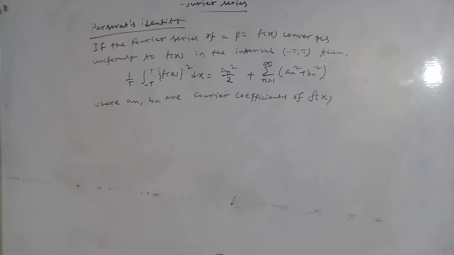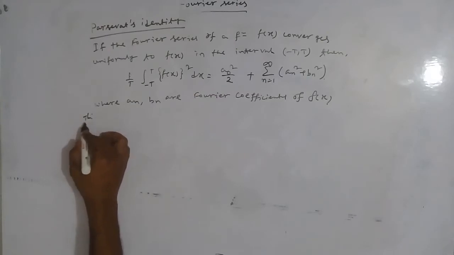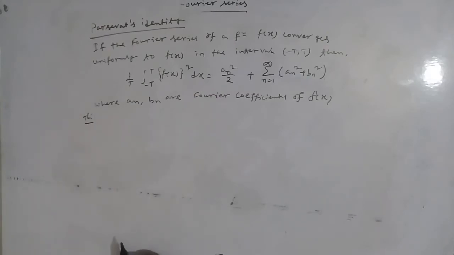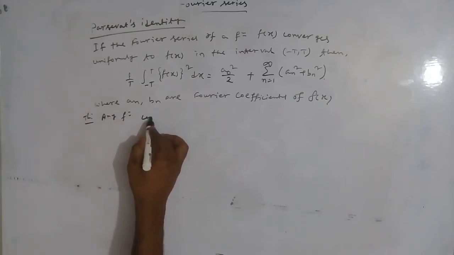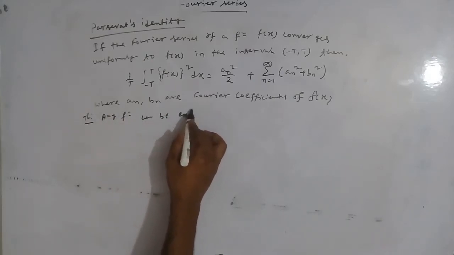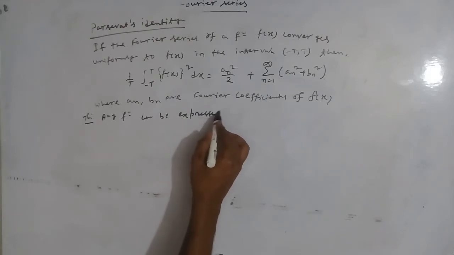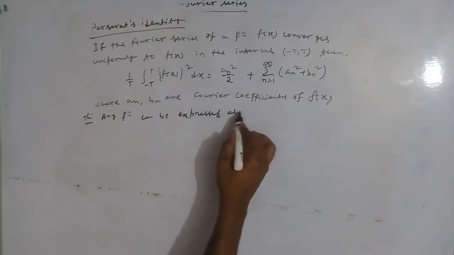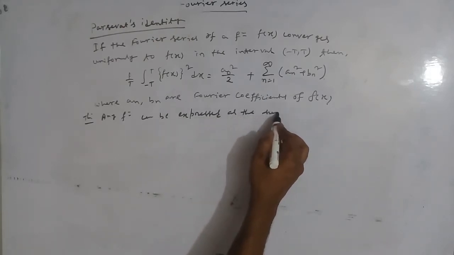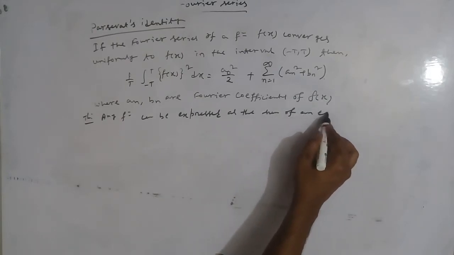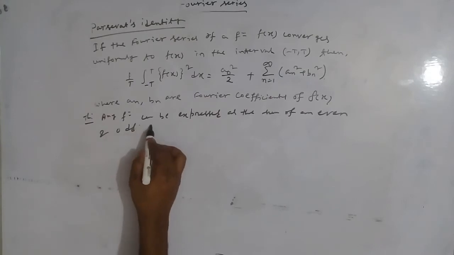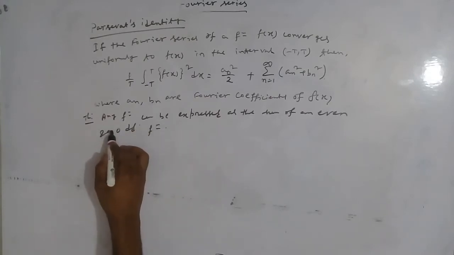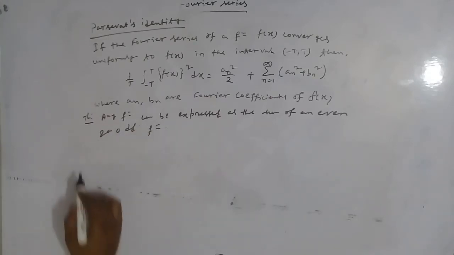Now the next theorem: the statement is that any function can be expressed as the sum of an even and an odd function.